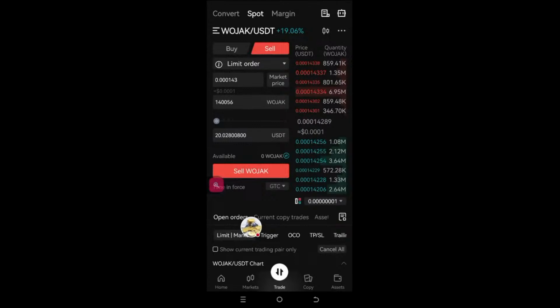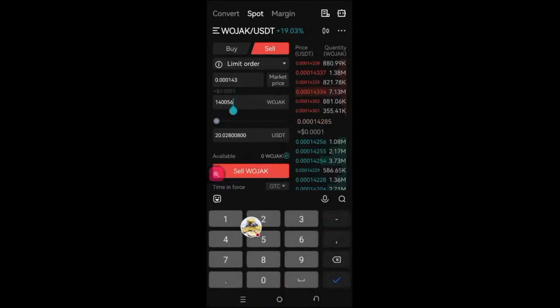Nothing money. That is nothing money. Okay. Let's remove all of these out. So let's put 1415. Will it go to 15? I don't know. Let's put Wojak here. Okay. That's a lot of money. Let's see where it will go.